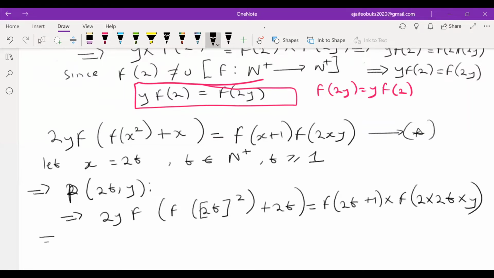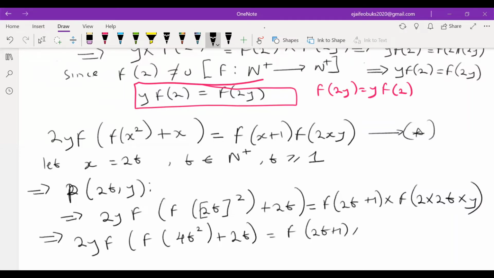So this means that 2y into f of 4t squared plus 2t is equal to f of 2t plus 1 times f of 4ty. Okay, so at this point I want to come back to what we just derived. We know what this is.